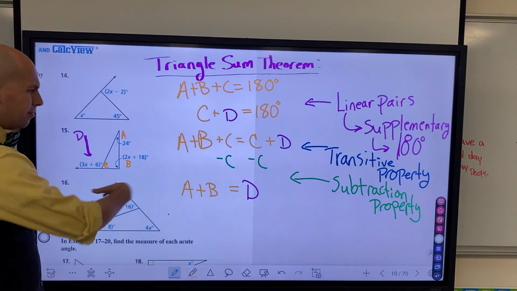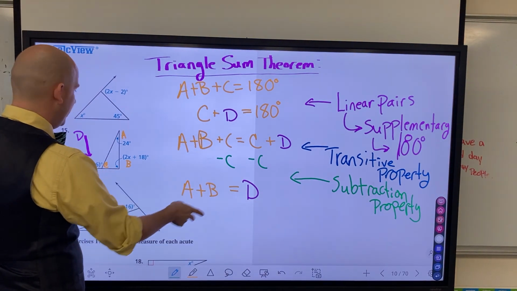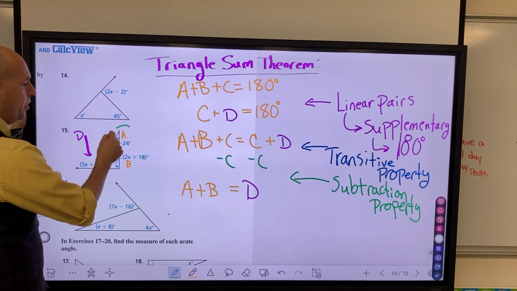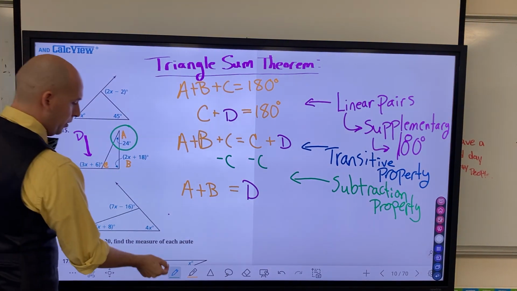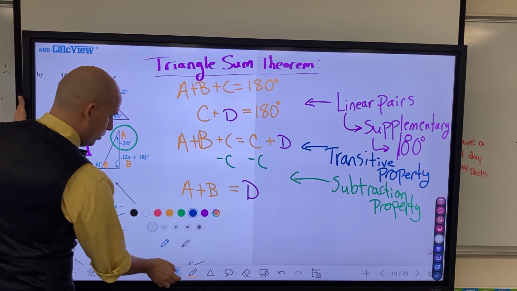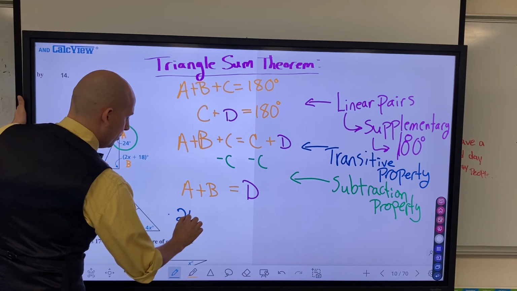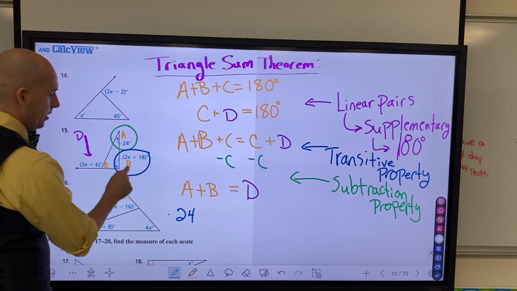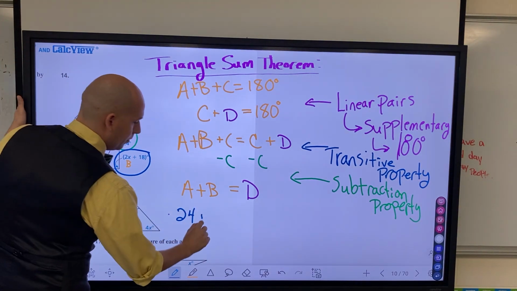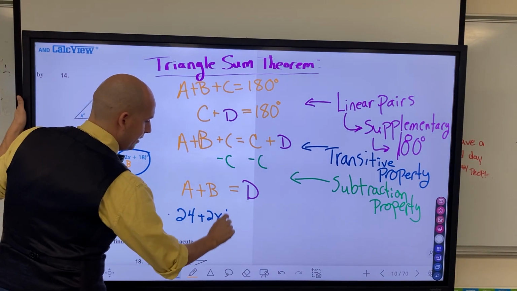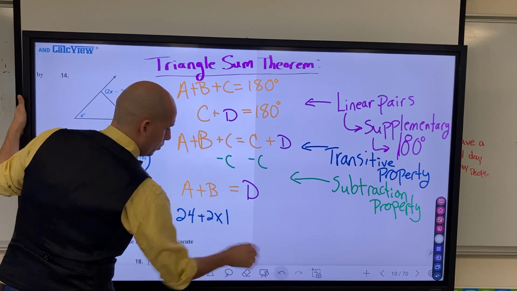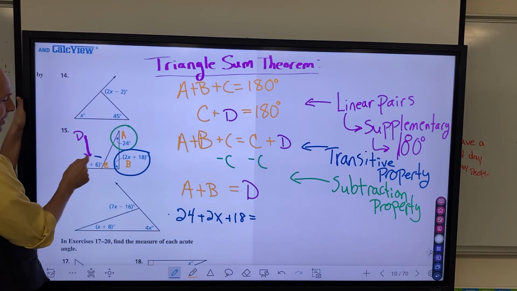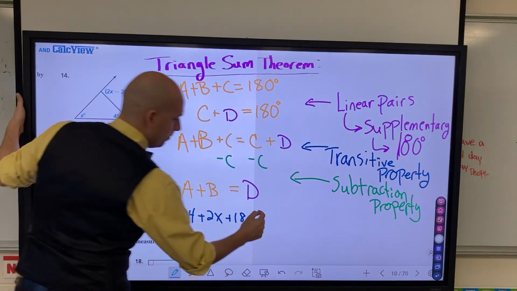So let's try this. A plus B is equal to D. Well, now that I've simplified that, we know what A is. A is 24. So this is the substitution property. Okay, 24 plus B, which is 2x plus 18, is equal to D, which is 3x plus 6.